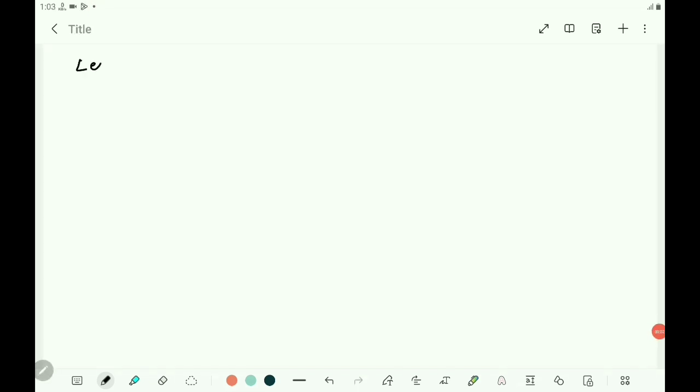Let us write: let the speed of the stream equal x kilometer per hour, and given that the speed of the motor boat in still water is 11 kilometer per hour.